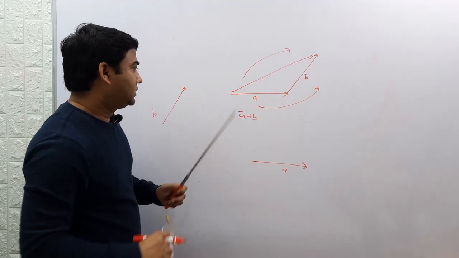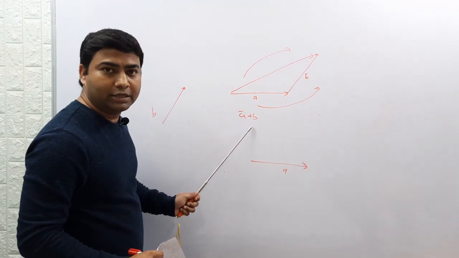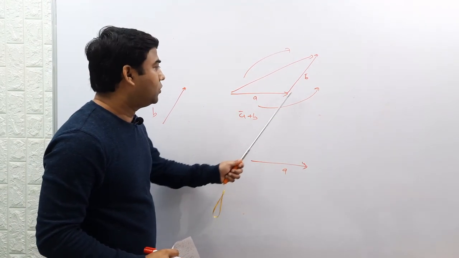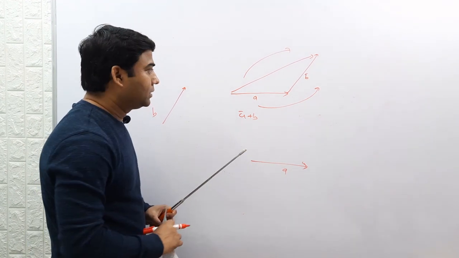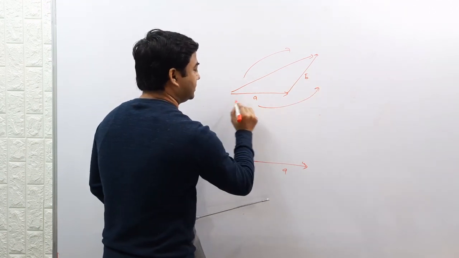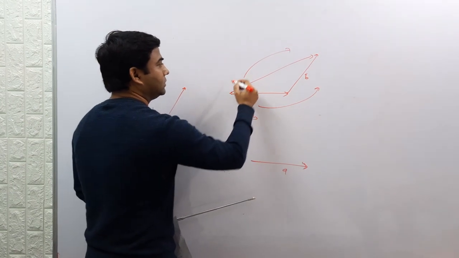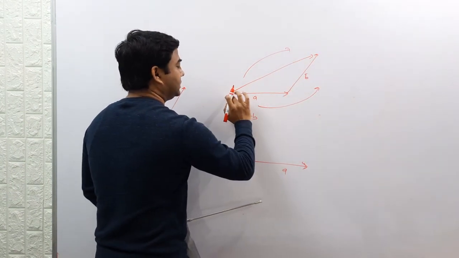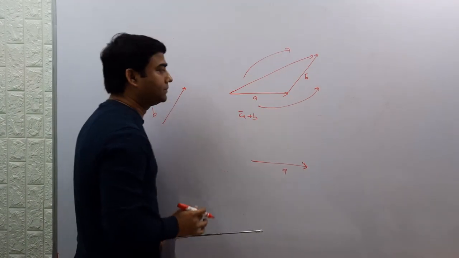So take the two vectors in order, as per their direction, in the form of sides of a triangle, and take the third vector in reverse order. Their order is this order. The third vector's order is reverse. Its tail starts from here and its head is here. So its direction, its order, is reverse.